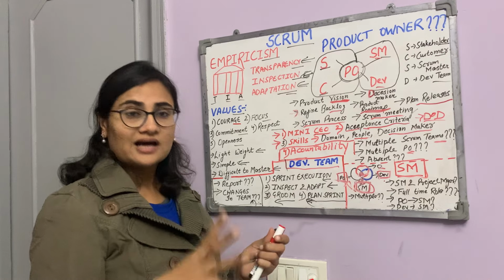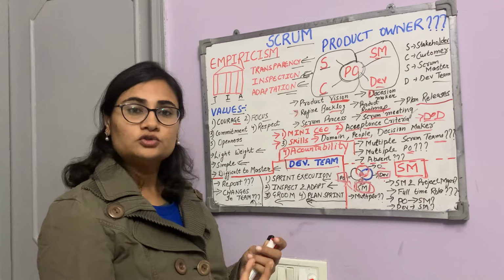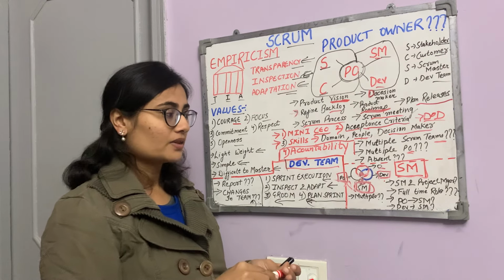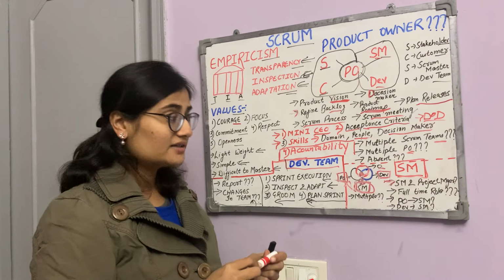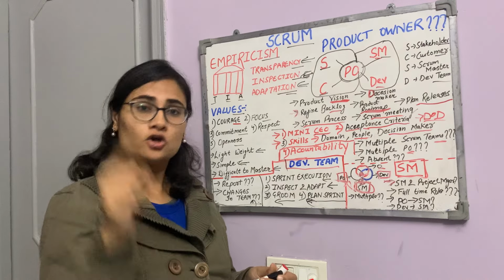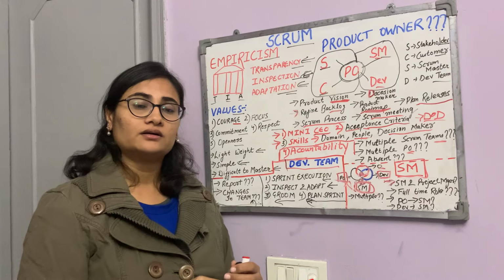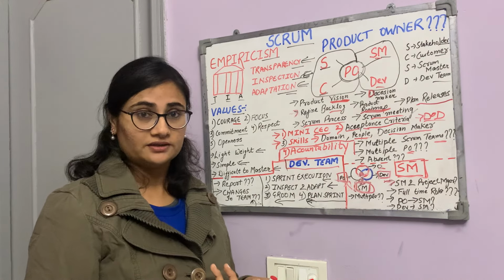Now the last part of our video, which is certain confusion which we have regarding the role of a Scrum Master. So first question which we have is, are Scrum Master and Project Manager the same role? Answer says no. The role of a project manager is levied with many more responsibilities.